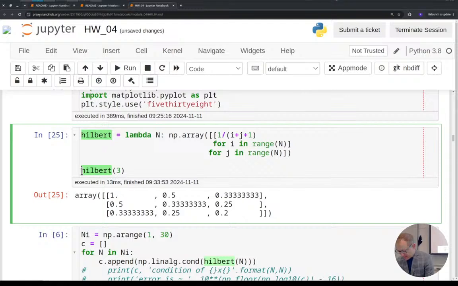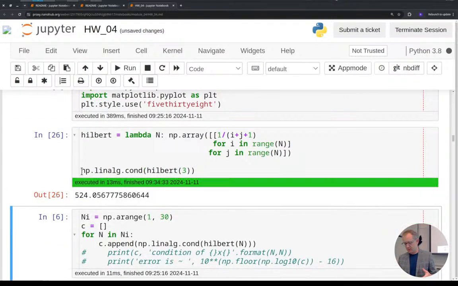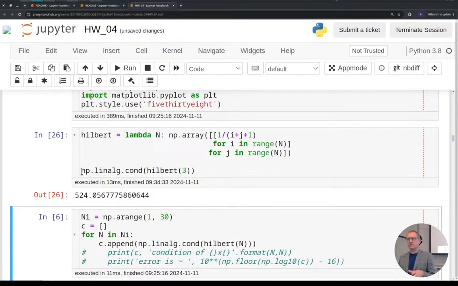And then getting the condition number of it, it's just a linalg dot cond, which will give me a number. And if you ever want to sound really smart, like you really know what's going on, ask people for the condition number when they're doing linear algebra problems, because now it sounds like, oh wow, that person really knows their numerical methods.